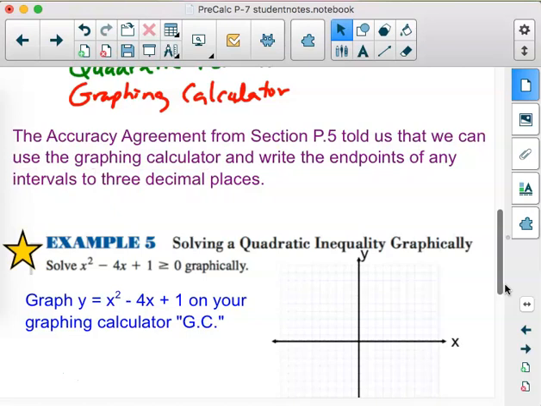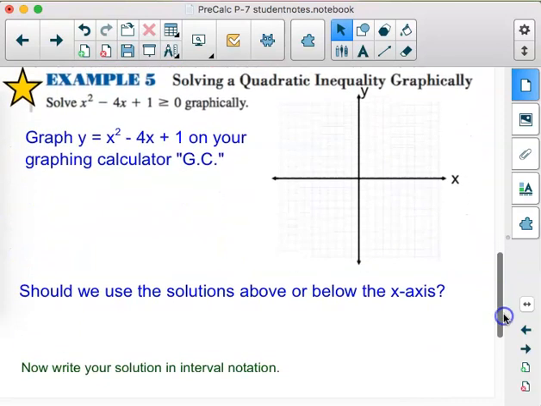We're getting used to that because that's what they do in calculus. The AP Calc exams tell everybody that you have to have at least 3 decimals, and you can round or you can truncate. Truncating is not a great skill because it's just dropping all the numbers after it, so we use rounding instead. Alrighty, this one says solving a quadratic inequality graphically.